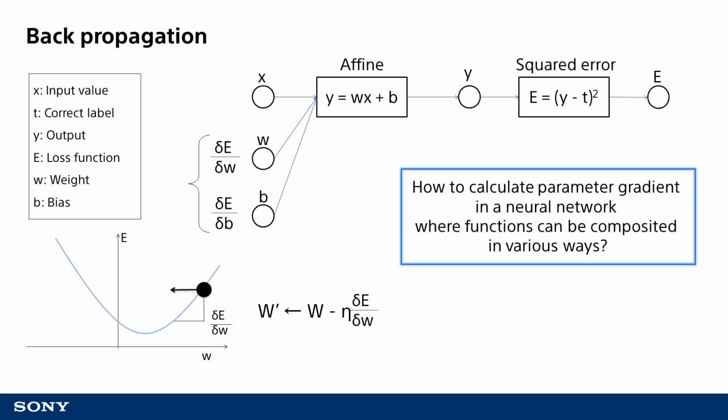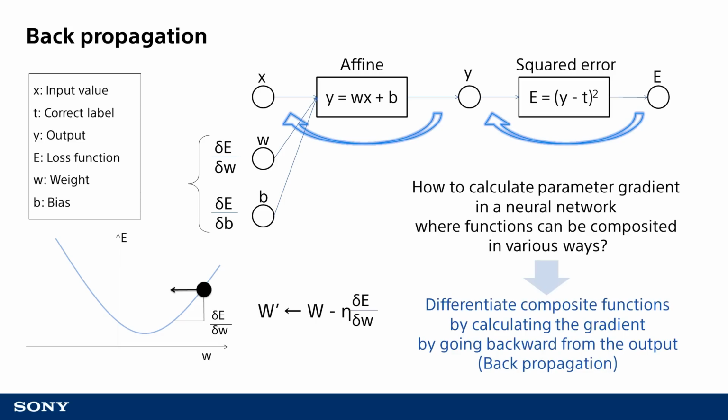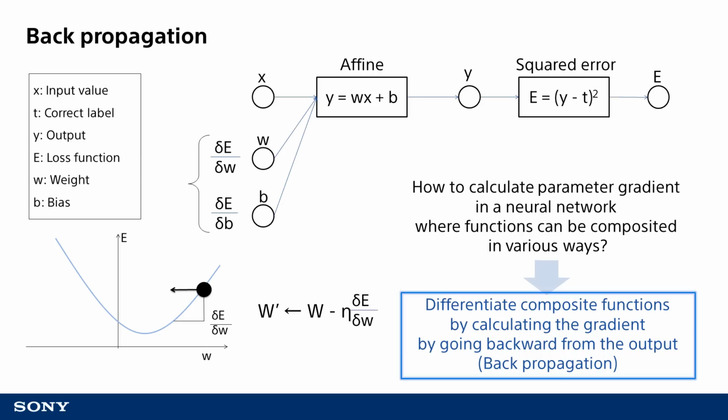With a neural network that makes it possible to combine functions in a variety of forms, how can we make it possible to obtain the gradient of this parameter? Calculating the gradient while going backward in order from output makes it possible to obtain the gradient of each parameter even in the most complex computational graph. This is an algorithm called backpropagation.